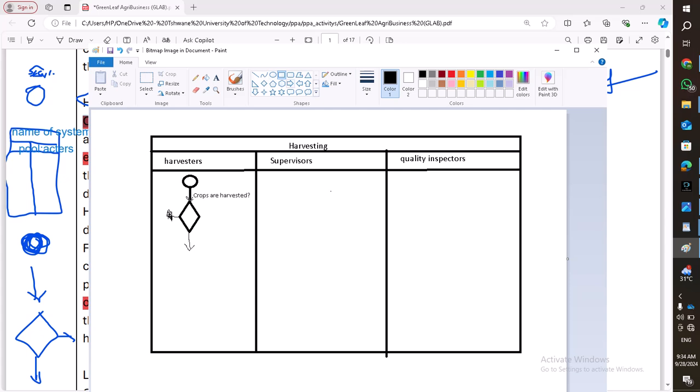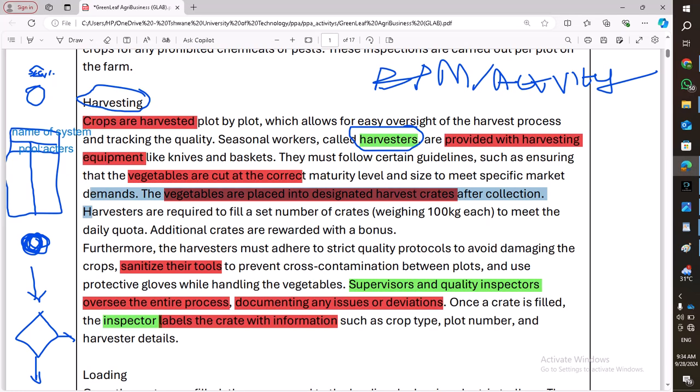I should use this one, sorry. This is a task that has to be done, and the equipment is provided.